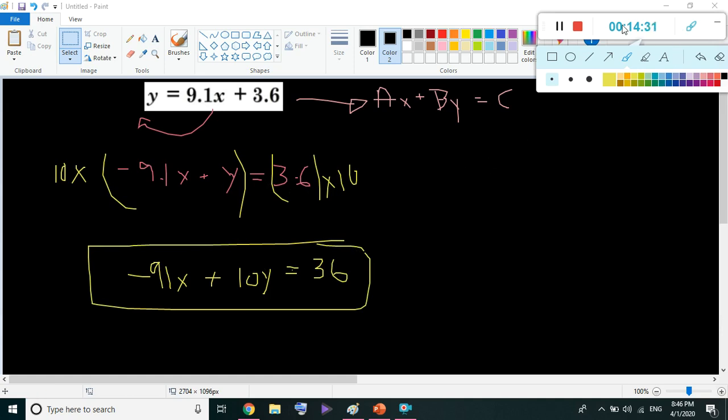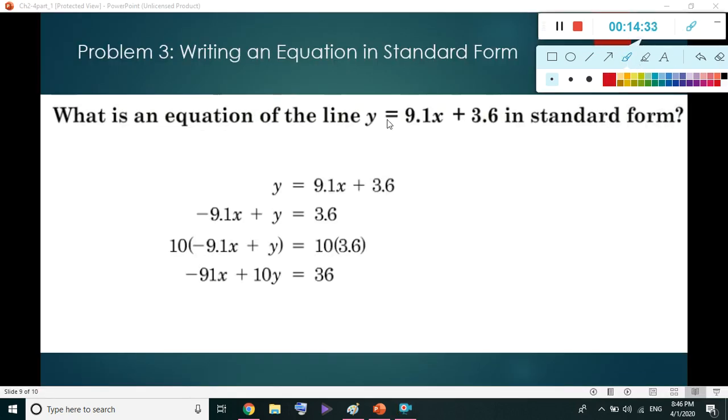Okay, so now let's check our answer. They moved the x over there, which is going to be this way. Yes, they did not ask for an integer here, but they also changed it, so we multiplied each side by 10 to find the final answer, as we got negative 91x plus 10y equals 36.